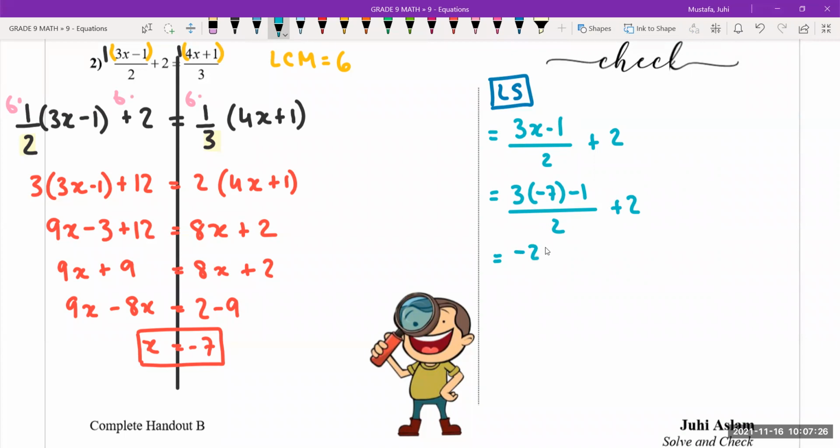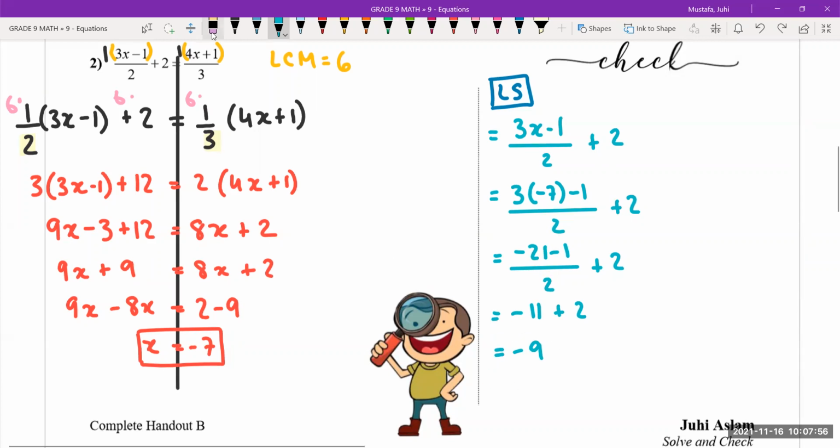So it's going to be -21 minus 1, over 2. Well, what's -22 divided by 2? -11 plus 2. And so our final answer is going to be -9.